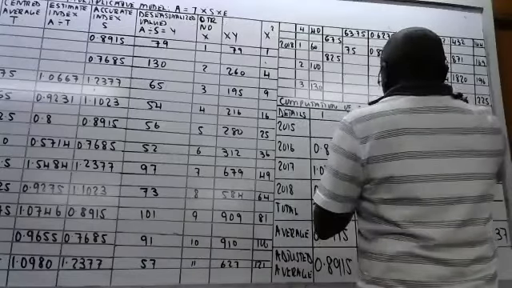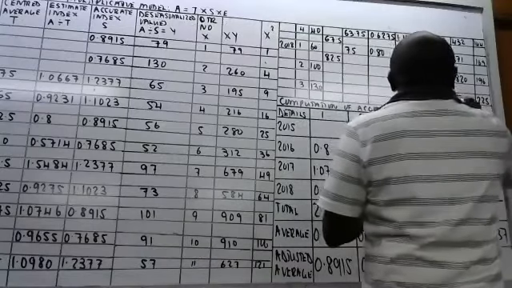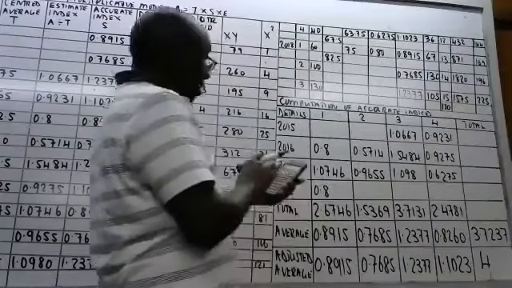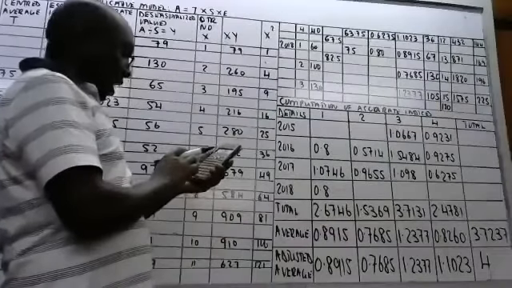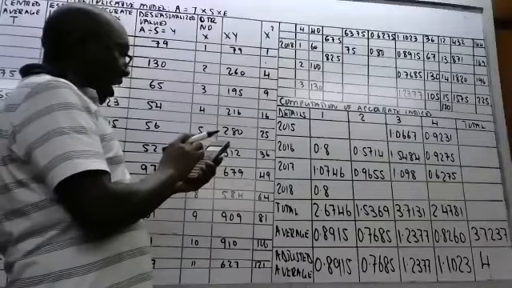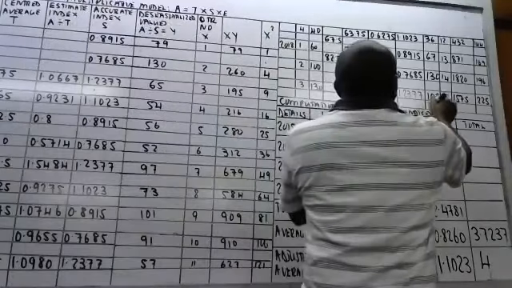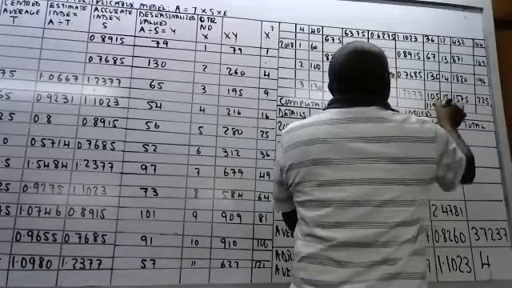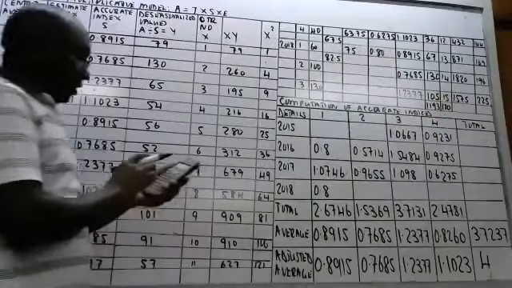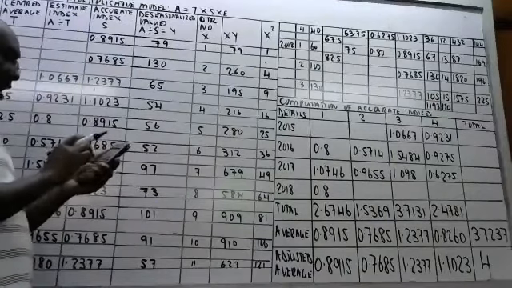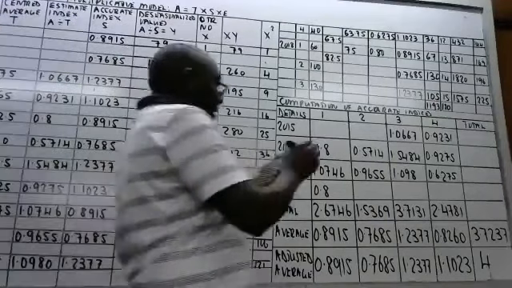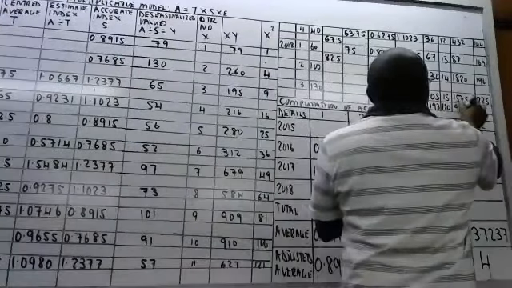So when you seek the totals of these values, the column of X, I'm getting 120. The column of Y, I'm getting 1193. The column of XY is 9749.